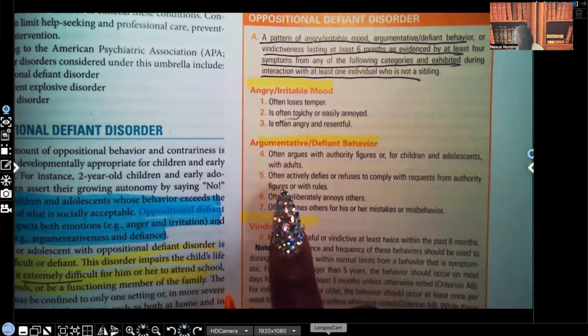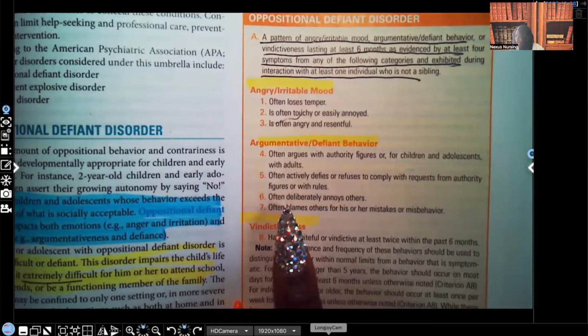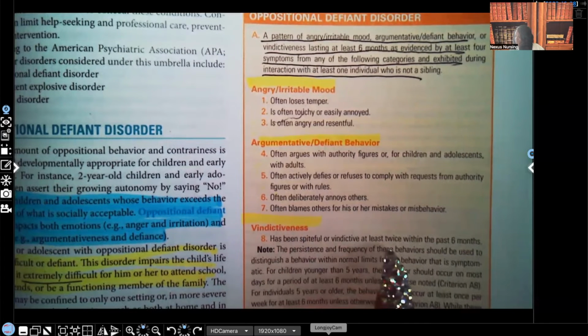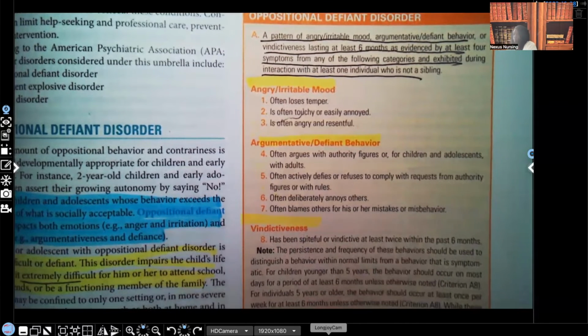Often actively defies or refuses to comply with the requests of authority figures, such as parents or teachers or even police officers. Often deliberately annoys others. Often blames others for his or her mistakes or misbehaviors. They never take accountability for their actions. And look, vindictiveness, being spiteful or vindictive at least twice within the past 6 months. So that gives you a picture.